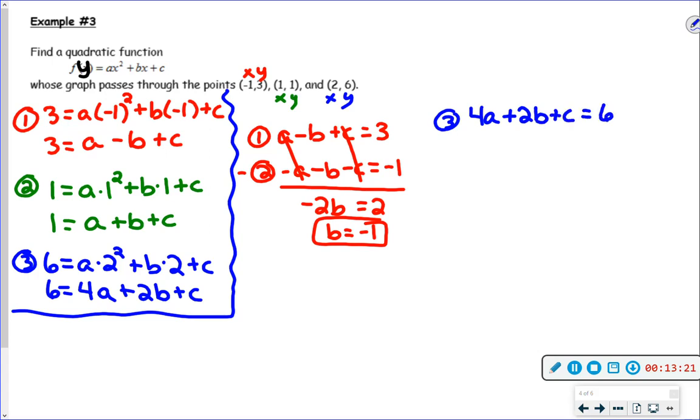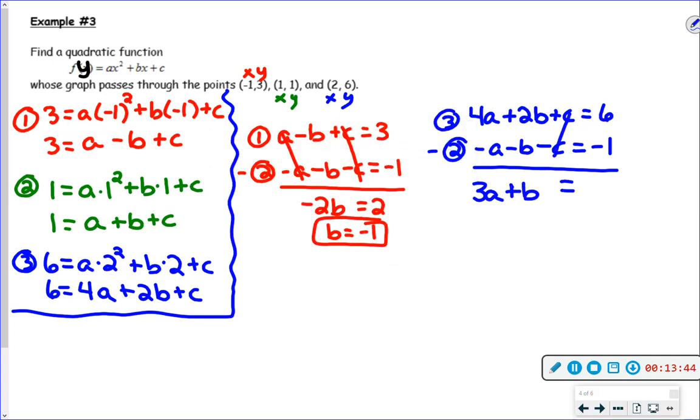And then I'm going to pair up whichever equation I want, and I'm still going to try to eliminate c. So let's pair up, it doesn't matter, let's do the second equation, but with the negative through it again. So negative a, negative b, negative c, negative 1. So I have my 3a, 2b minus b, c's are gone, 5.